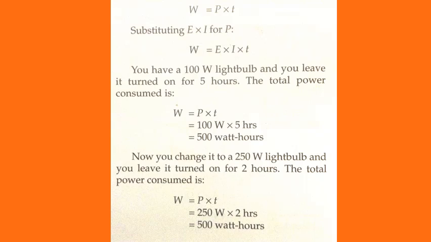The total energy consumed is, in this case, again 500 watt hours. Both light bulbs use the same amount of total energy because the second light bulb is more powerful. It is brighter and it uses energy faster. Even if we leave it on for less than half the time, it uses the same amount of wattage.